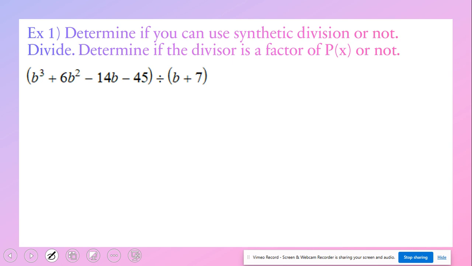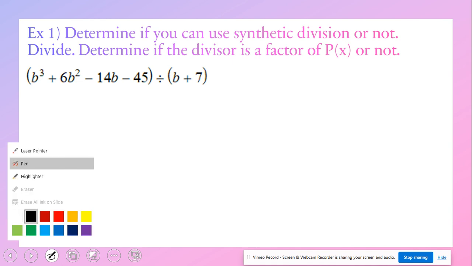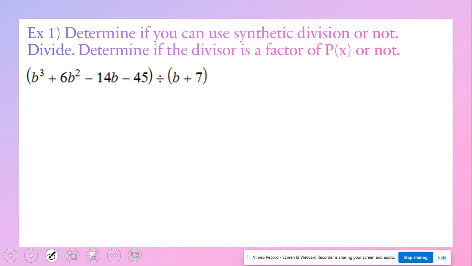Our first example says b to the third plus 6b squared minus 14b minus 45 divided by b plus 7. I think probably the easiest thing to do first is I like to write it as an L, but not everybody does. This is just my personal preference for synthetic division.